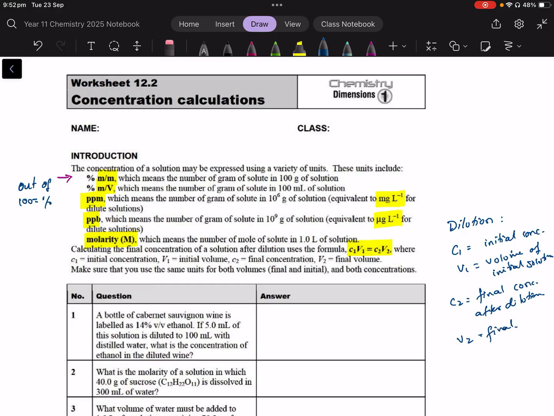So you might take 10 mils, as I said, and dilute it to 100. So 100 is your final volume after dilution.